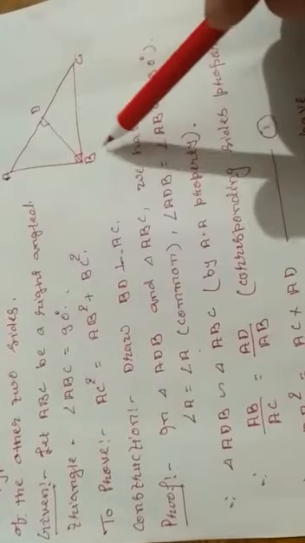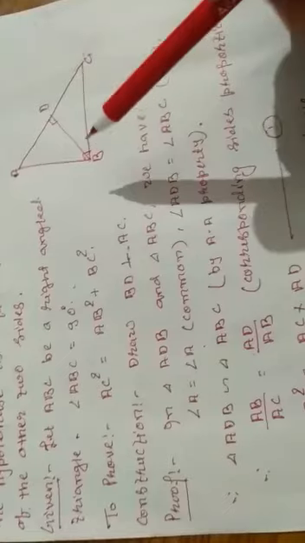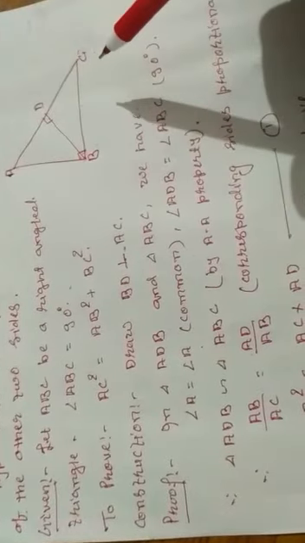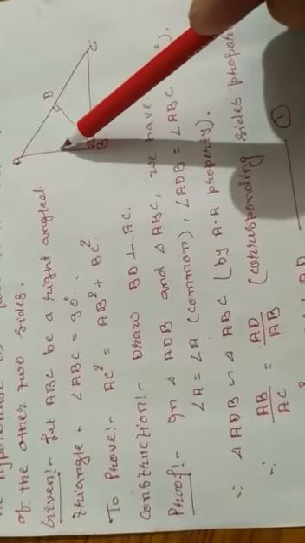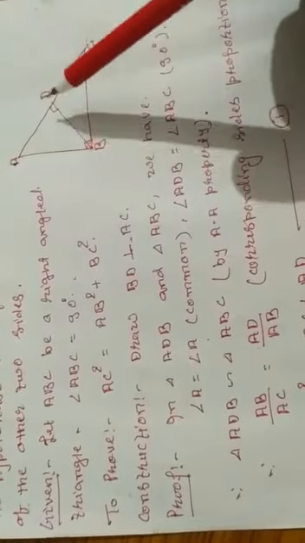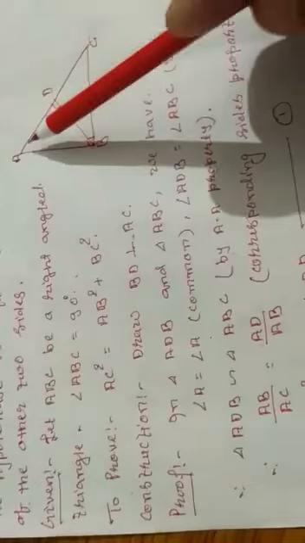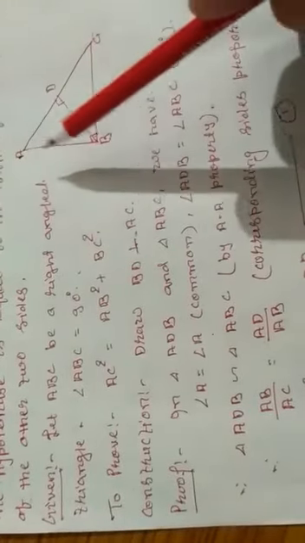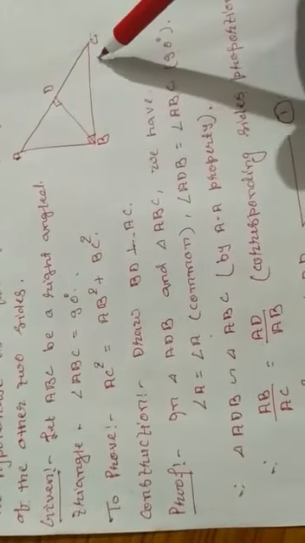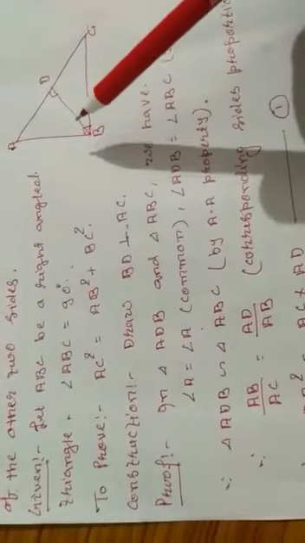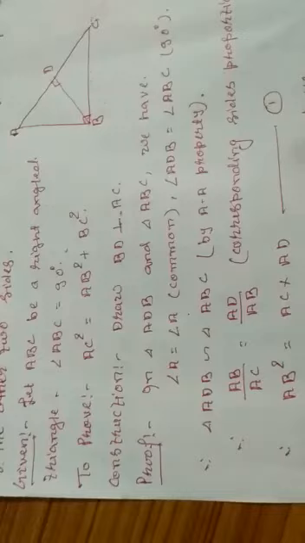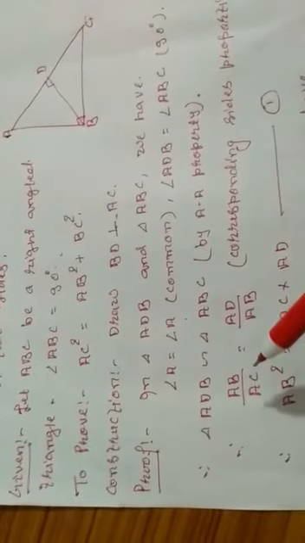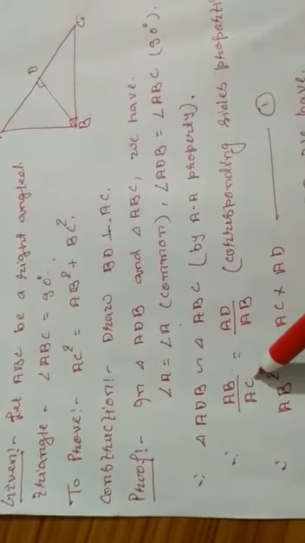AB and AC are respectively the hypotenuse of the smaller triangle and the larger triangle. As you can see in the figure, AB is the hypotenuse of triangle ADB and AC is the hypotenuse of triangle ABC. So hypotenuse ratio to hypotenuse. So we have written here AB by AC.